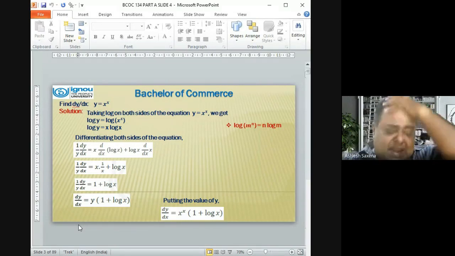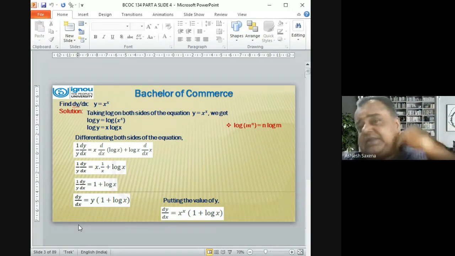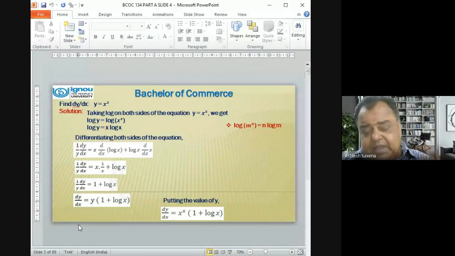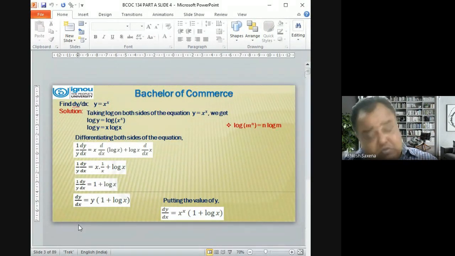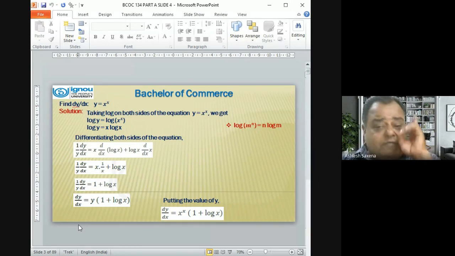If we are differentiating y, it will become dy by dx. But this is having log y. So what will we do? Derivative of log x is 1 by x. Derivative of log y will be 1 by y into dy by dx. You have to keep that thing in mind.